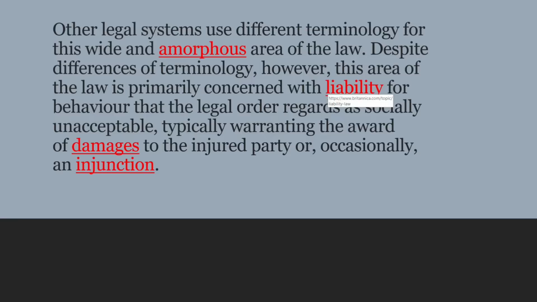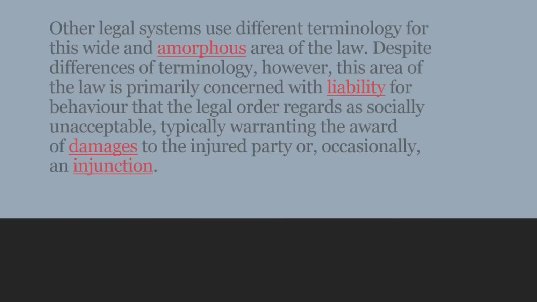Despite differences of terminology, however, this area of the law is primarily concerned with the liability for behavior that the legal order regards as socially unacceptable, typically warranting the award of damages to the injured party or occasionally an injunction.